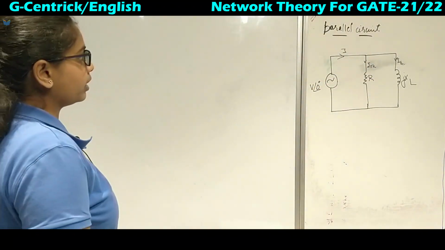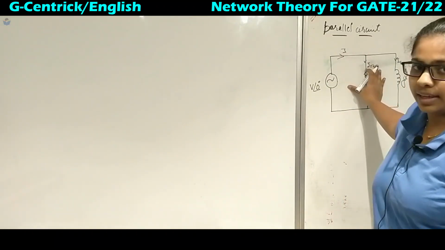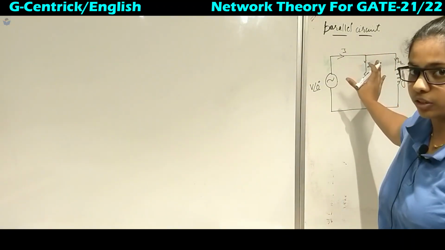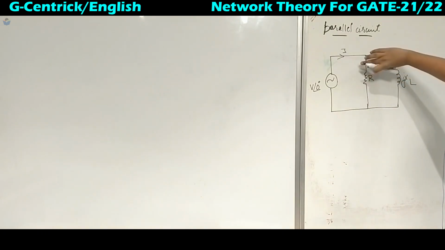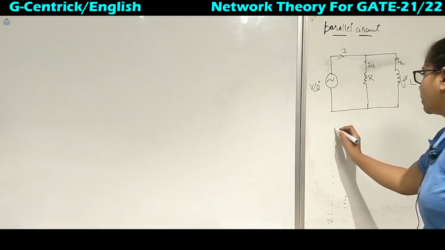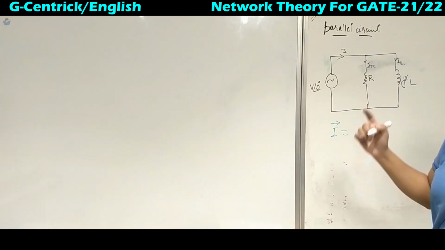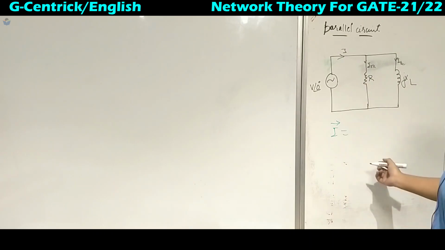Now what I can write using KCL, but whenever you apply KCL for steady state circuits or AC analysis, you should always remember that they are vector quantities. When we solve the problem, we will understand why we cannot add these directly, because they have imaginary and real parts both.